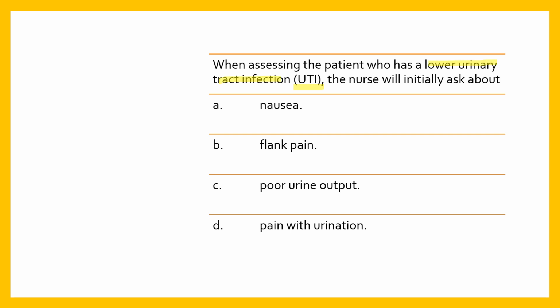And the nurse is going to ask initially about what? Now, what are your normal symptoms of a UTI? So poor urine output is difficulty or dysuria, right? And same with pain with urination.